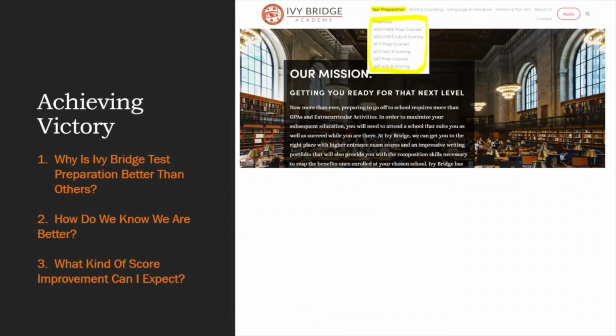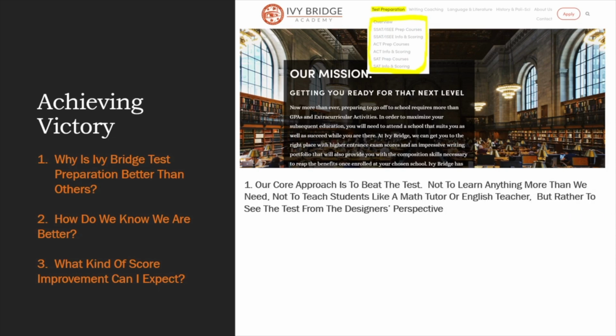All right, so we've come to the end, and I hope that I've answered most of the questions at the beginning, and I also hope that we've seen what the test can do and what it can't do. Let's make sure, before we go, that these other questions on the left side have also been answered. The first one is that our core approach is to beat the test.